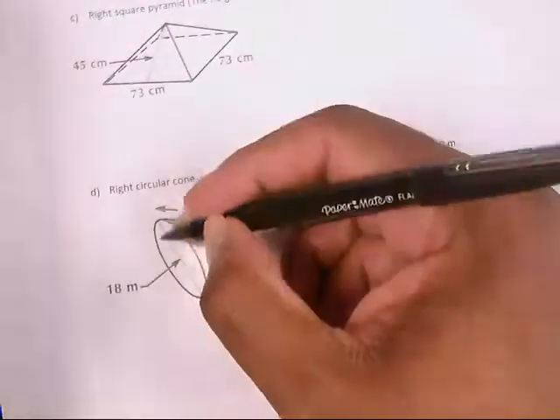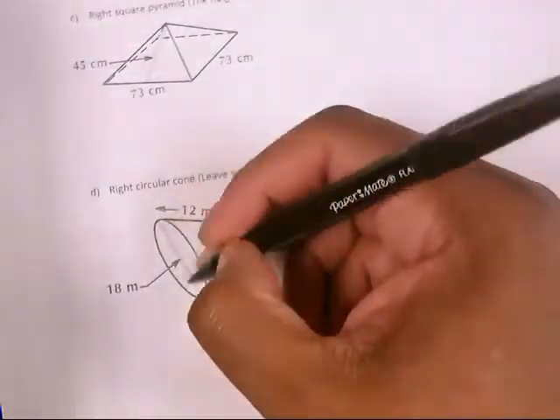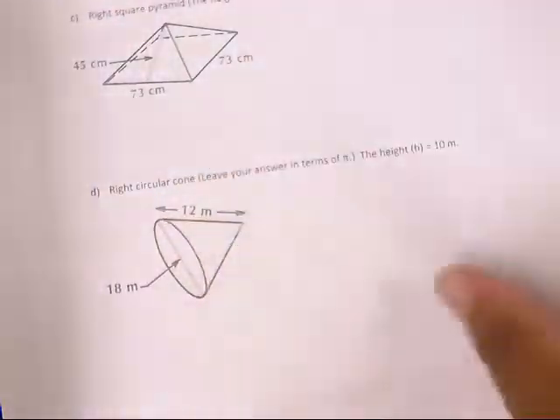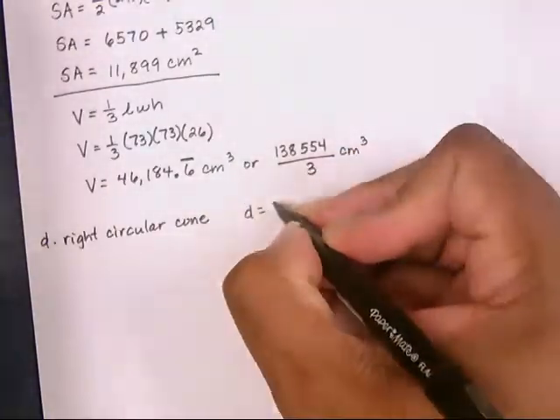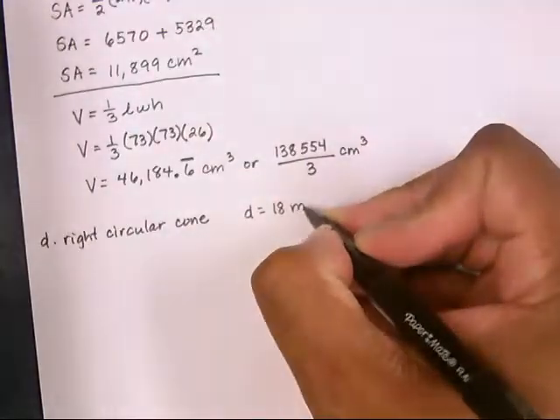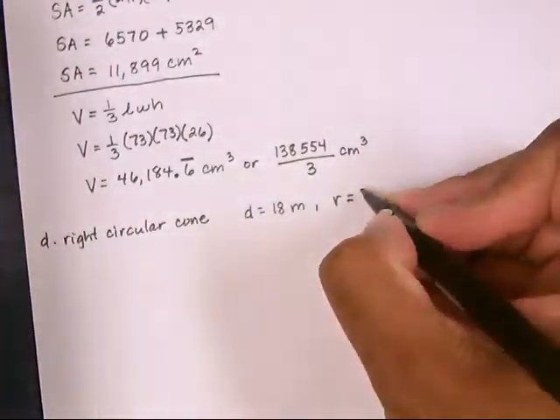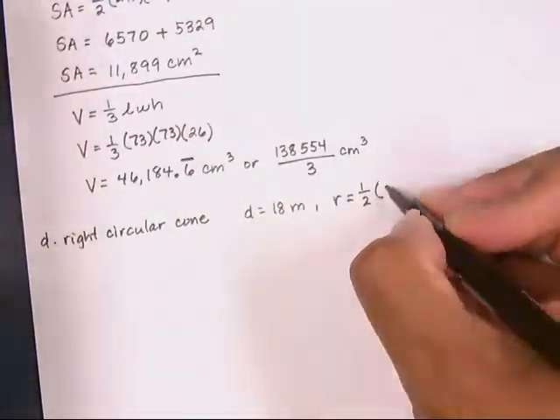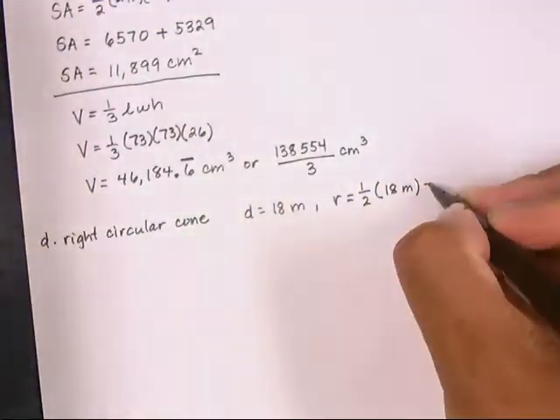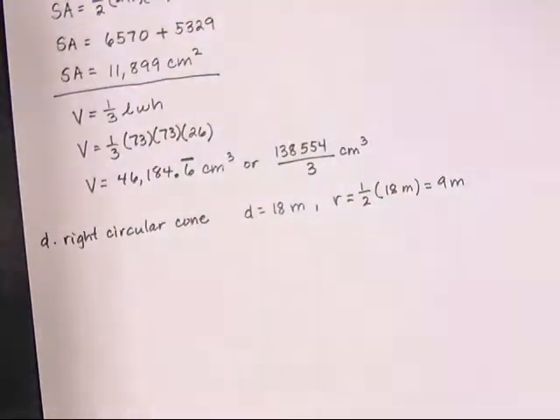Now notice that the diameter is 18 meters here. They're giving you the diameter of 18 meters. We want the radius. The radius is always half the diameter, so if I take 1/2 of 18 meters, I'm going to get 9 meters for the radius. Okay.